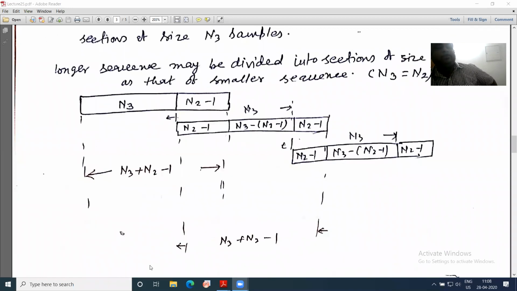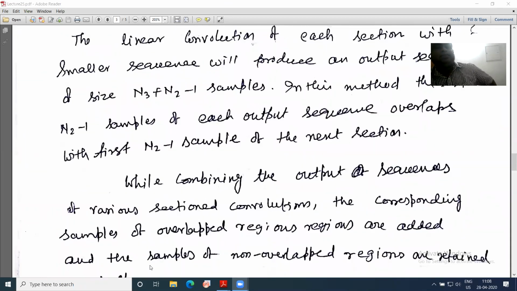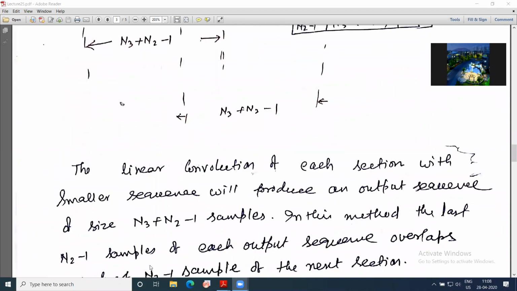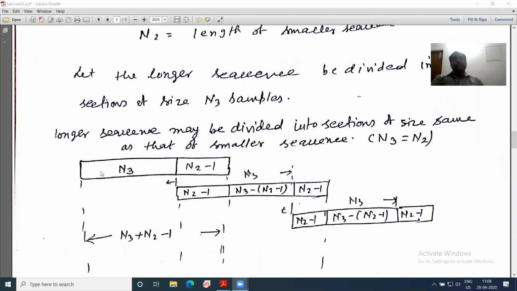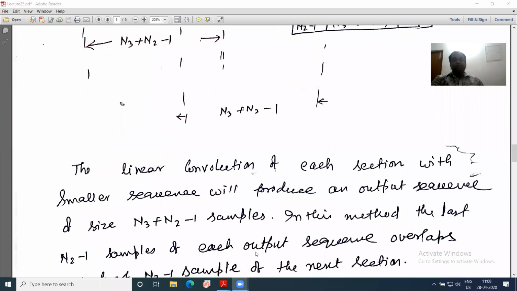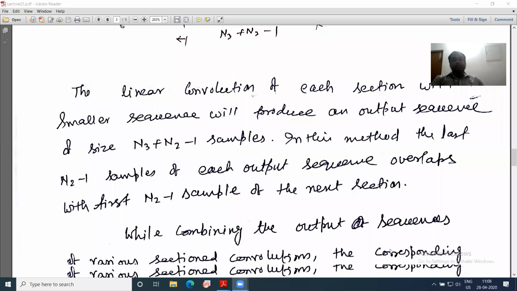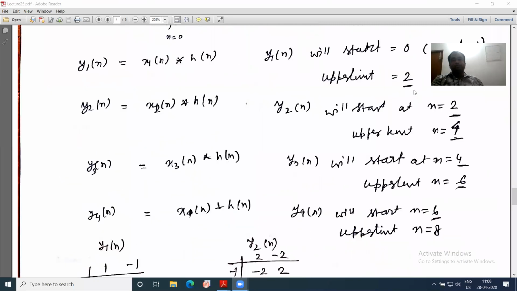I have taken N3 equal to 2. With N3 equal to 2, and N2 minus 1 equal to 1, you can see that one sample of each output section overlaps with the next one.